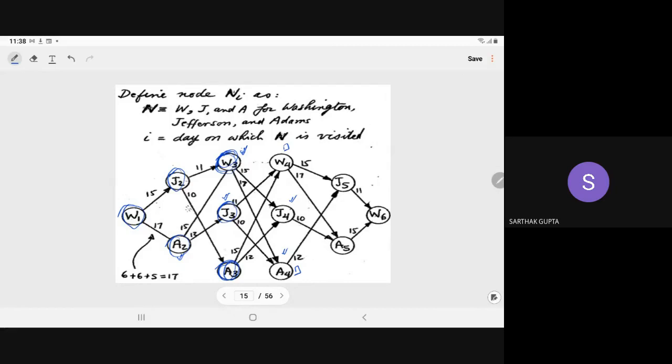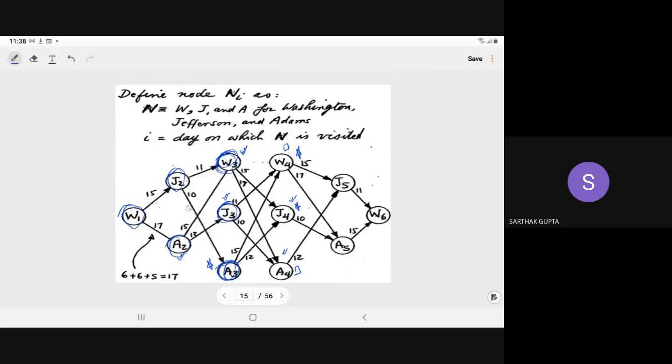If you have visited Adams on the third day, then you have the choice to visit the Washington and the Jefferson on the fourth day. Thus, with the same logic, W4, J4, and A4 lead to J5 and A5.